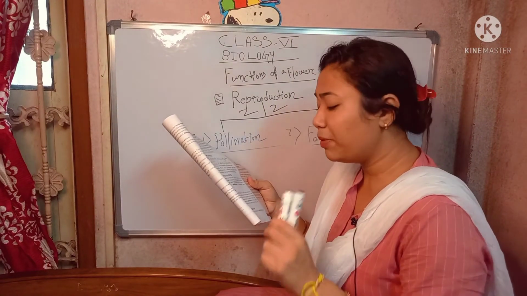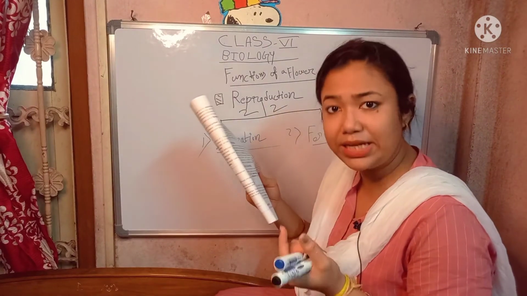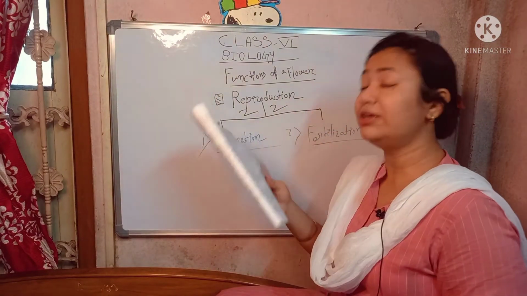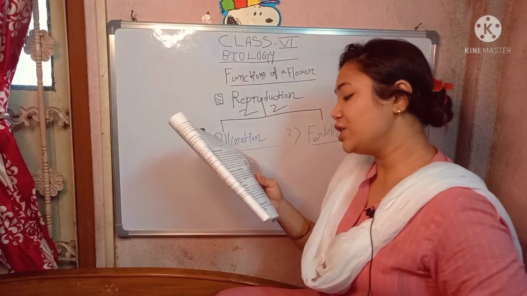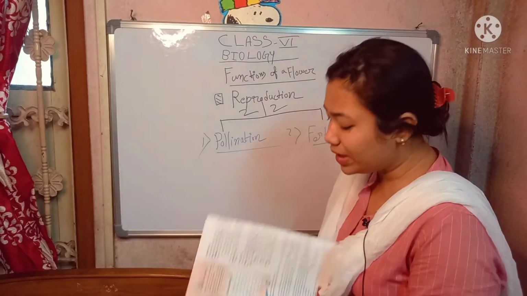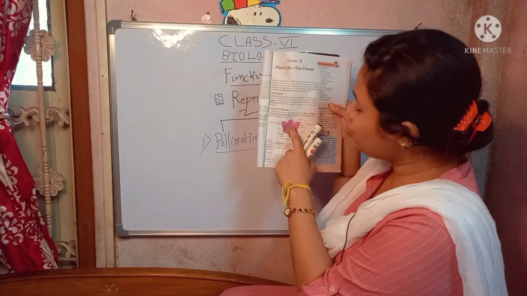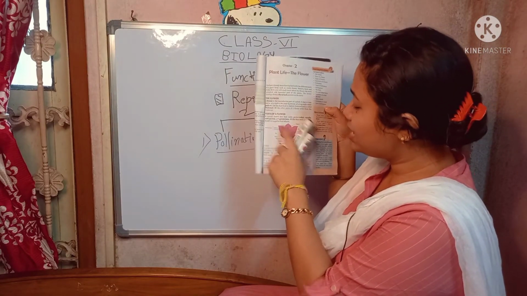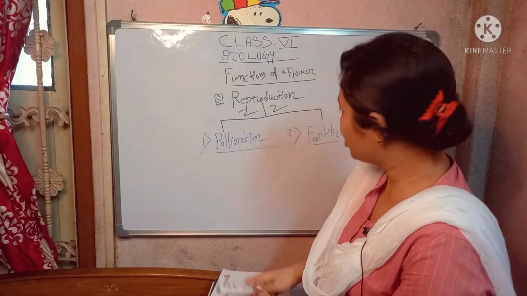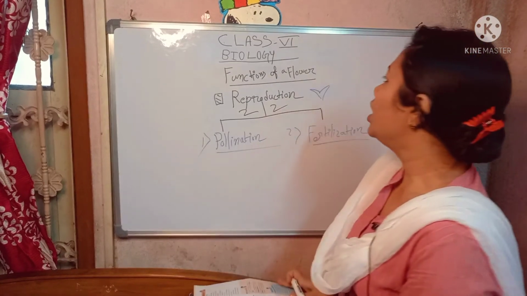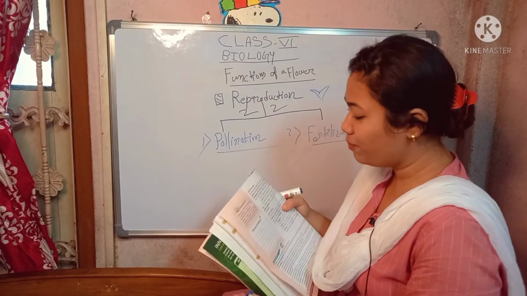The first stage of a seed is pollen grain. What is the stigma of pistil? You can see here this part. This one is the stigma of pistil. The shape of a stigma is like this.